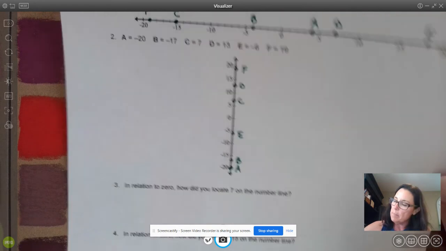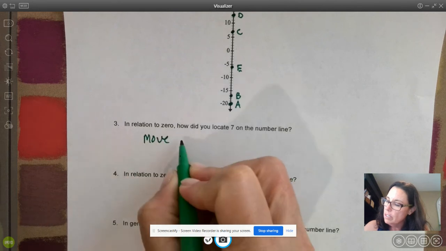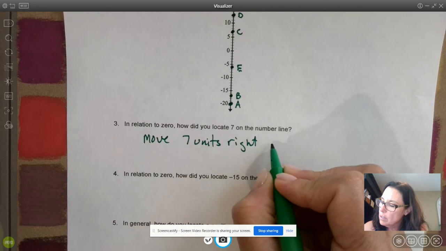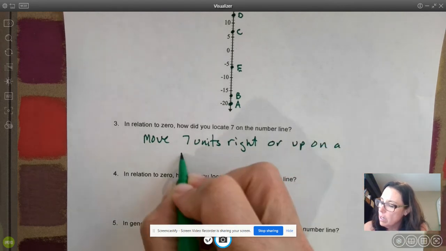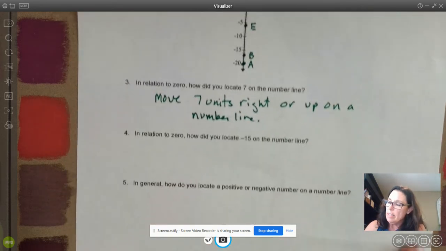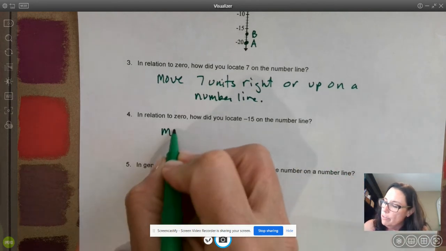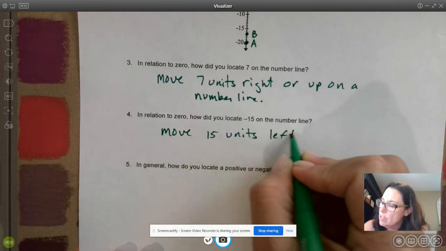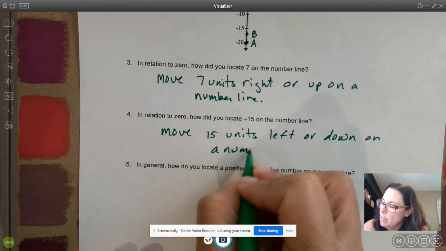Okay, so you're going to move 7 units right or up on a number line. -15, that would be you move 15 units left or down on a number line.